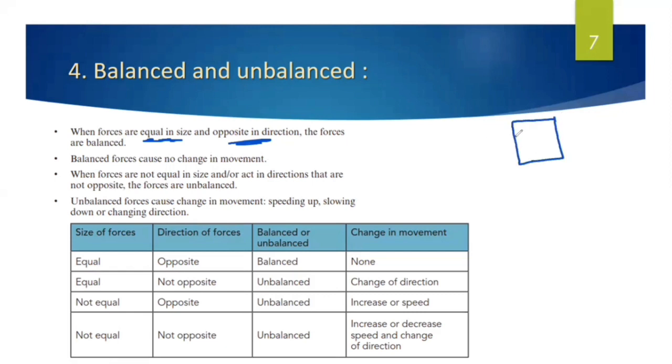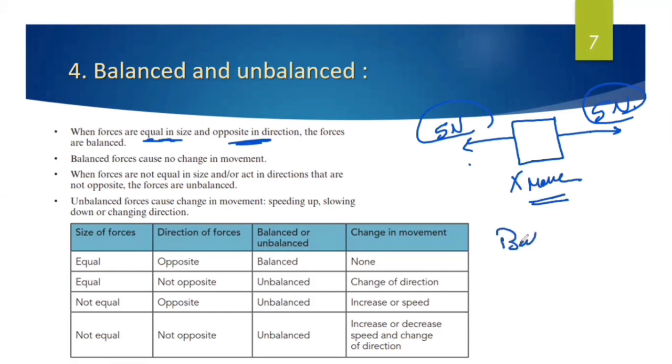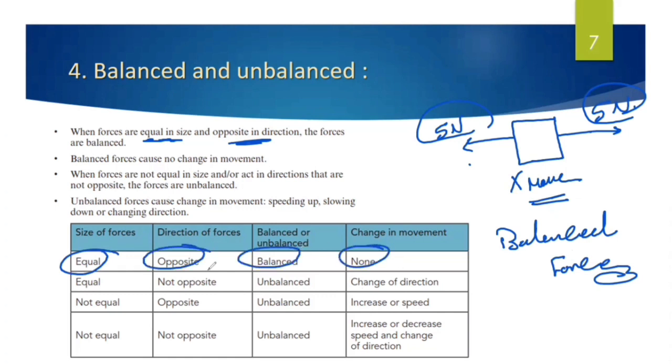If we have a box like this, me start to pull it by 5 Newton and you start to pull it by 5 Newton, equal forces, opposite directions, so the object doesn't move. ده كده balanced force. اوكي، يبقى لو عندي equal forces opposite direction دي balanced force، ال object doesn't move.